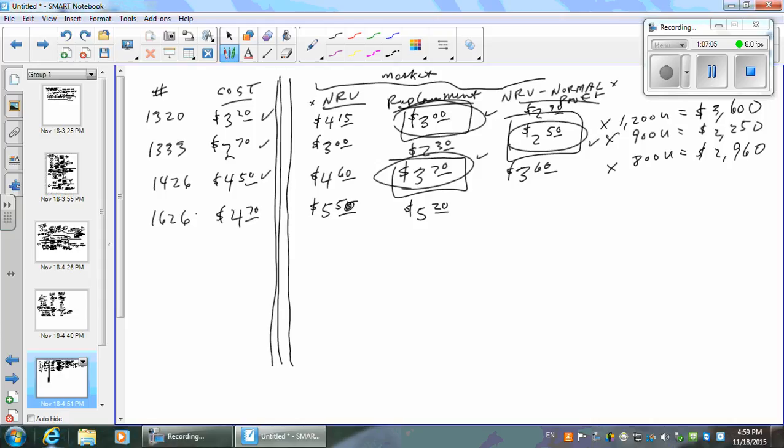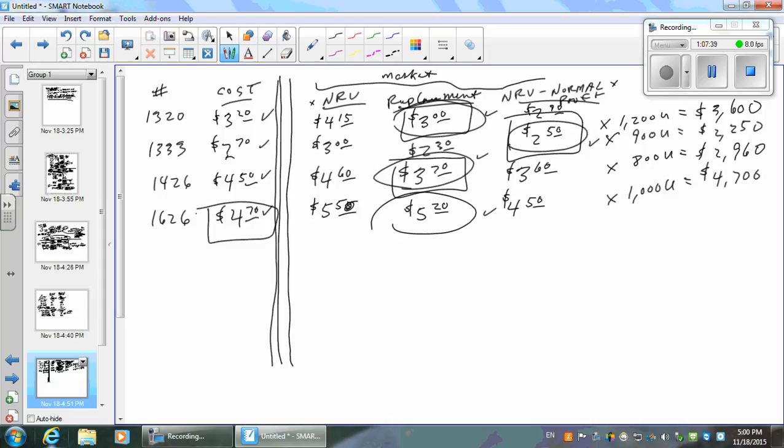Everybody agree with that? And take away the normal profit of $1, and what do you have over here? $4.50. But we're going to take the one in the middle, which is $5.20. Now I'm going to compare $4.70 to $5.20. Which one's lower? $4.70. Everybody good? Okay, how many units? 1,000. Which should be $4,700.